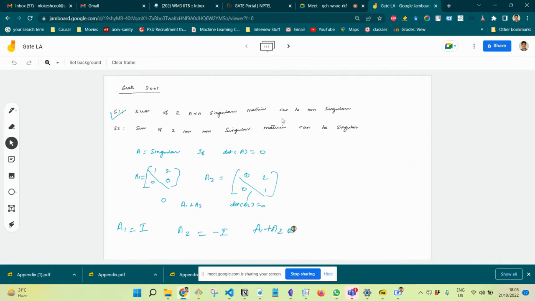That is why it's always possible to construct matrices whose sum is singular when you start from two non-singular matrices. So for this question, both S1 and S2 are correct. Is there any doubt? No, sir. No doubt.